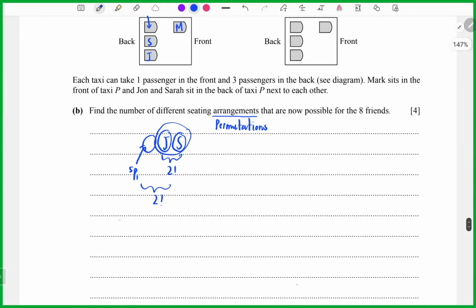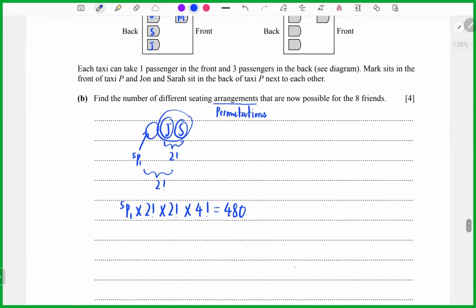So now we take 5P1 multiplied by 2 factorial multiplied by 2 factorial multiplied by 4 factorial. I hope everyone can understand, because sometimes this question can be confusing. So 5P1 times 2 factorial times 2 factorial times 4 factorial equals 480.